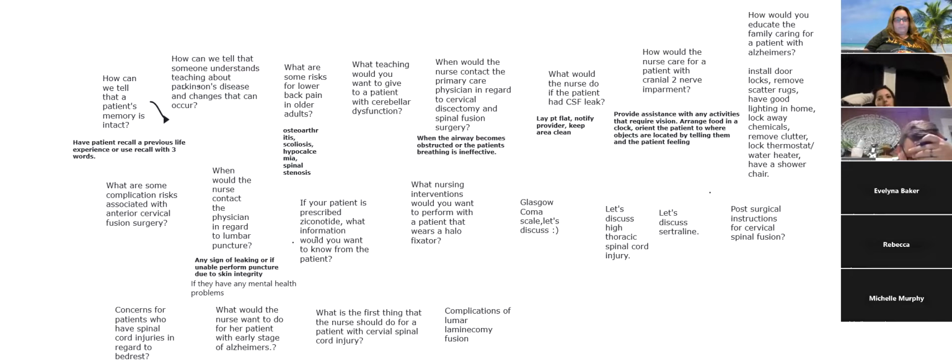They're going to need help with everything. Okay. Use a bed alarm? Yep, we want them to be safe. We want them to use a bed alarm. But we want them to be as independent as possible with activities. We do, but we would want to assist them if they need it, okay?